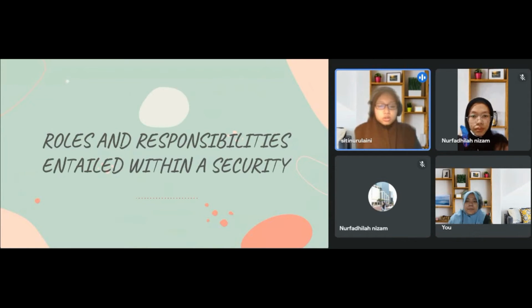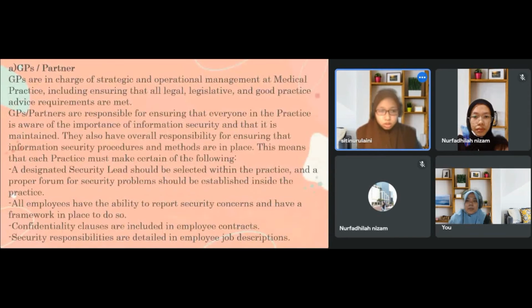Next is roles and responsibilities entailed within a security. First is GP or partner. GP are in charge of strategy and operational management at medical practice, including ensuring that all legal, regulatory, and good practice advice requirements are met.